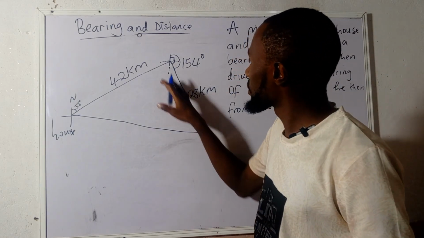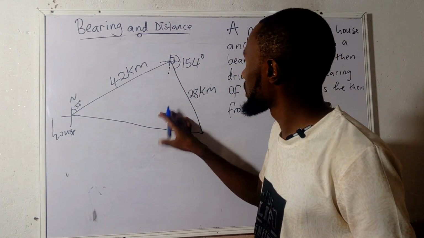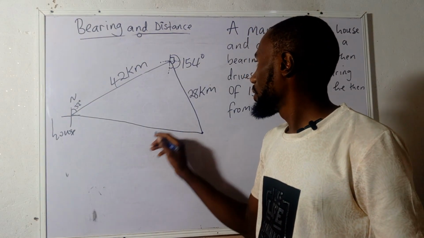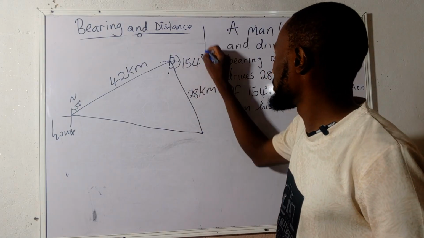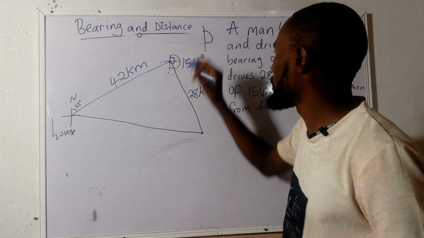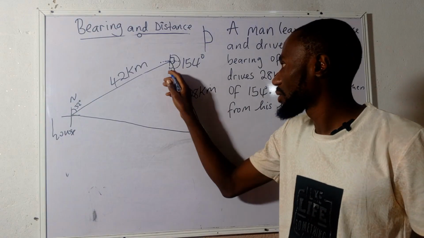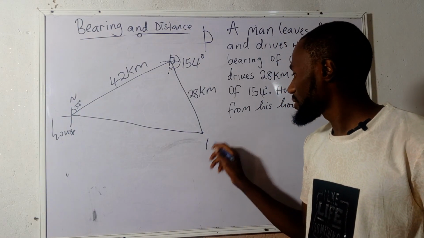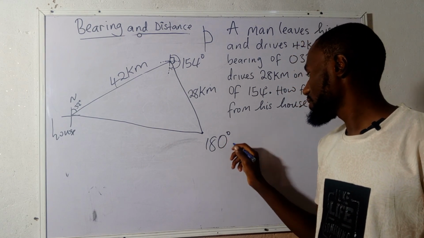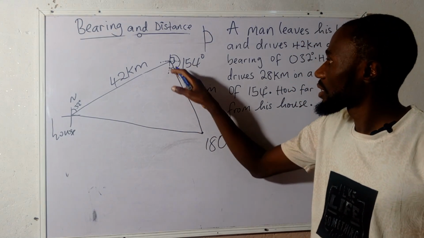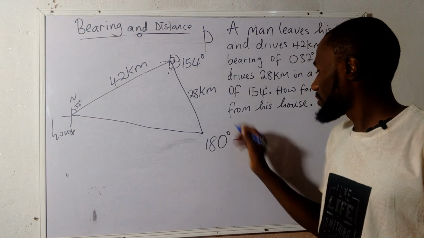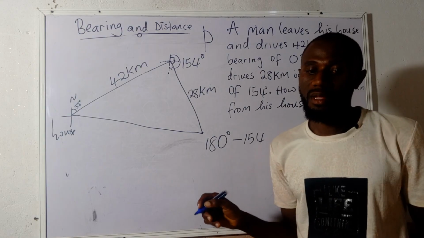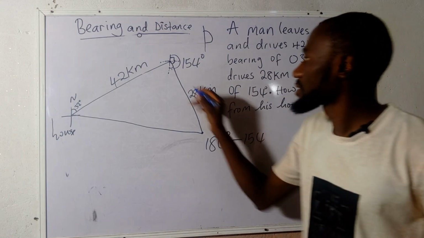Then let's find some angles inside here. The remaining angle here will be, because a half circle forms an angle equivalent to 180 degrees, 180 degrees minus 154. Therefore, you will get 26 degrees.